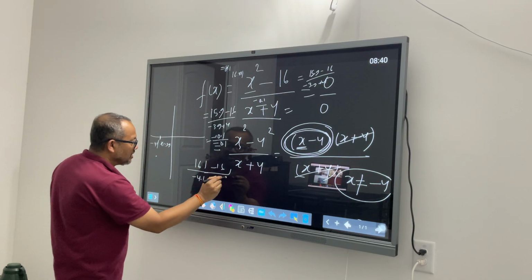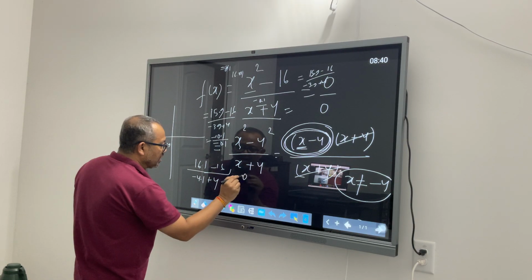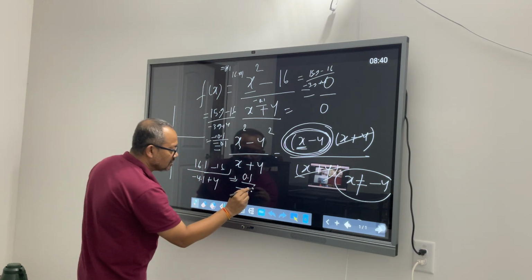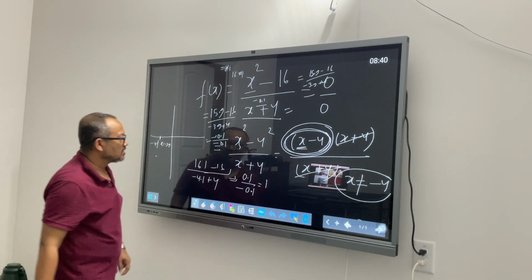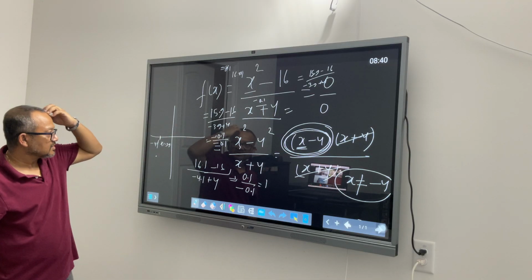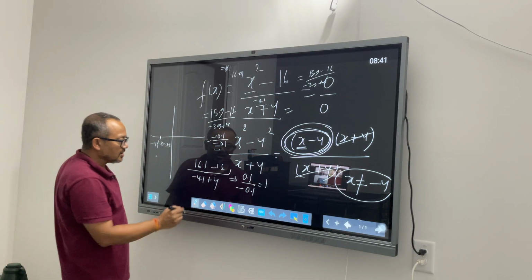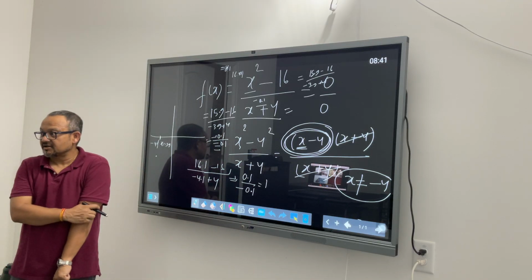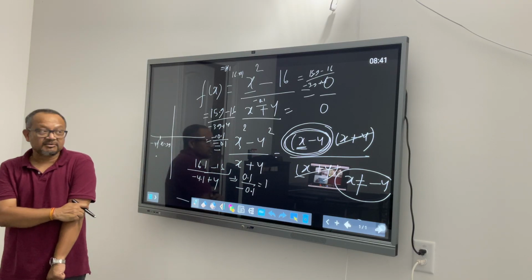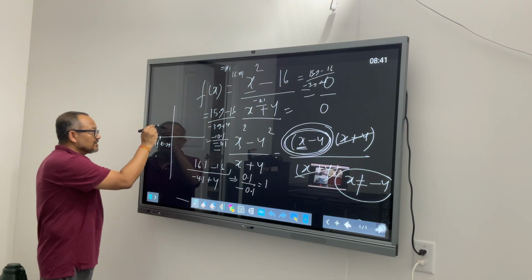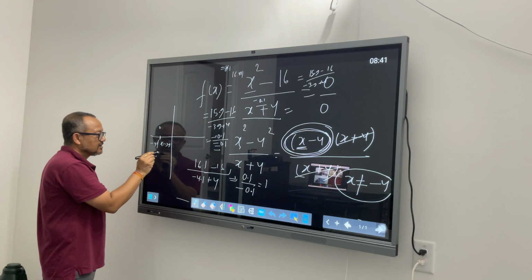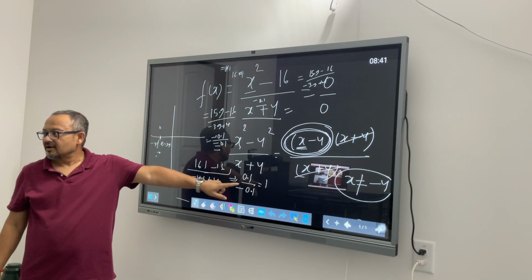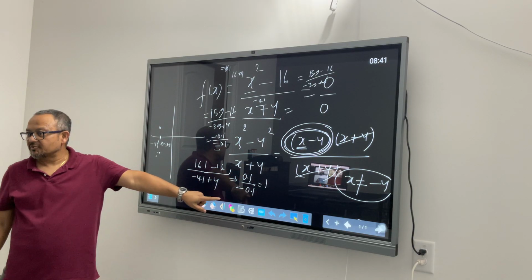So this became 0.1 divided by minus 0.1, approximately 1. Okay, so here we are seeing something interesting. At this point, one value is approaching the positive value, one value approaching the negative value.